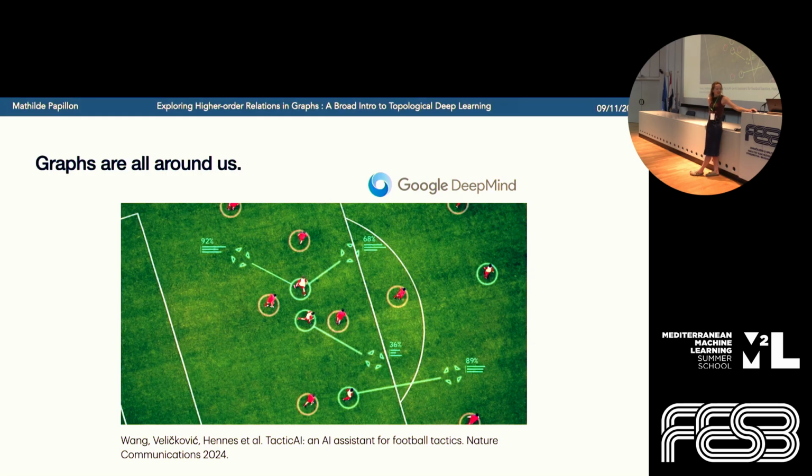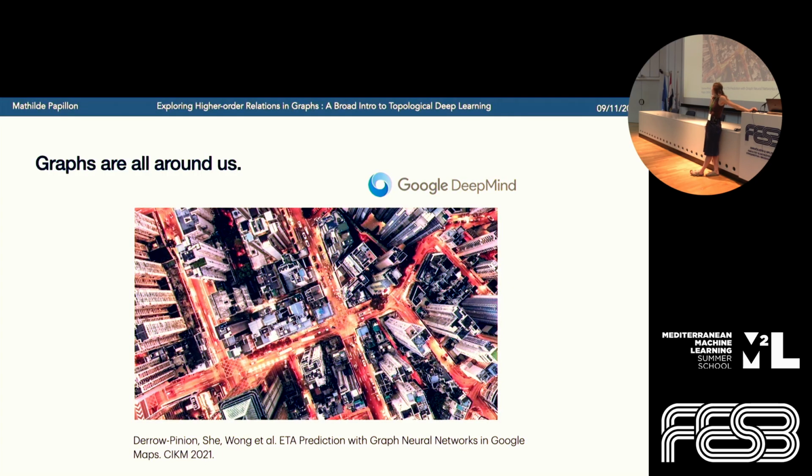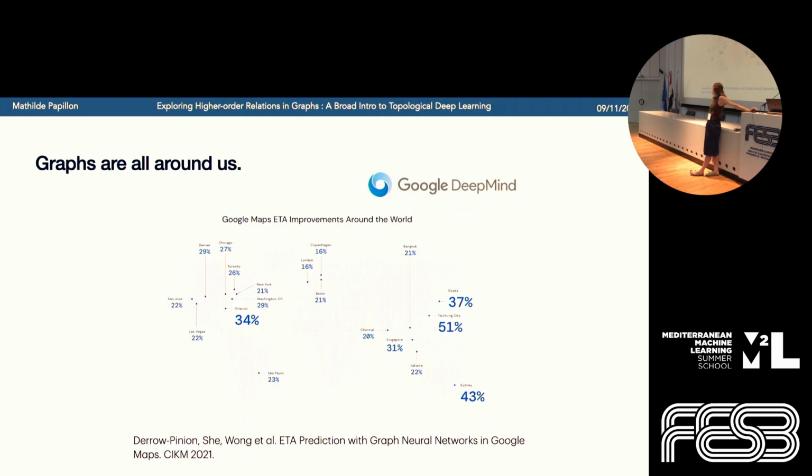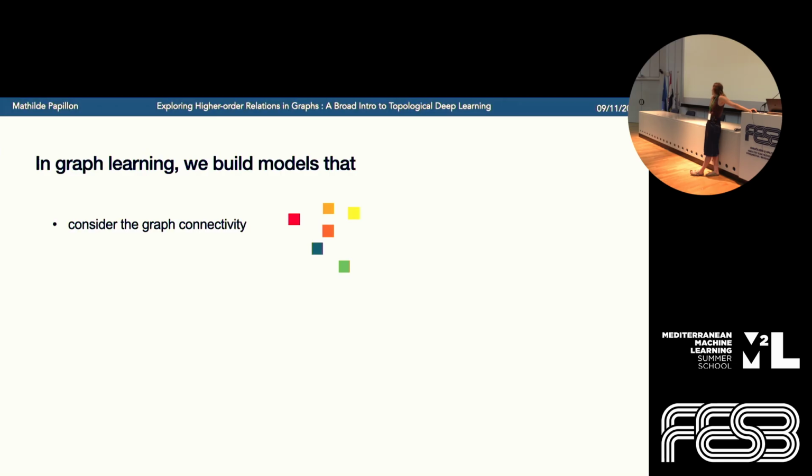That's a cool graph example, as well as traffic. Google implemented GNNs in Google Maps, and it led to increases in accuracy of ETA prediction. So if ever you're using Google Maps and you wonder how it knows the exact time that you got here, it's so accurate. Well, GNNs have a role to play in that. So maybe that gives you an idea of why this stuff is really exciting.